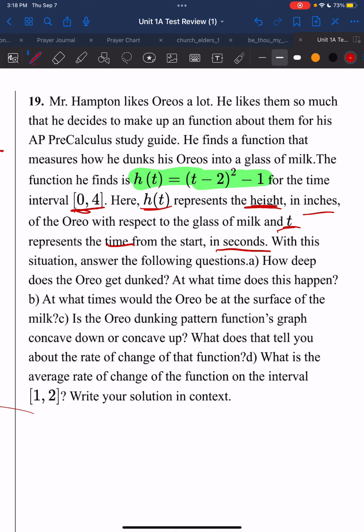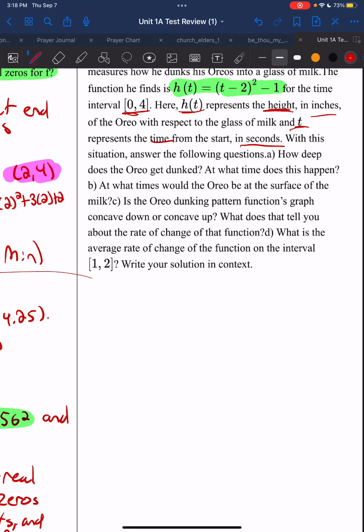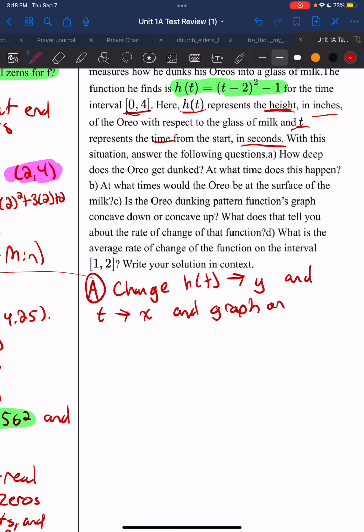With this situation, answer the following questions. How deep does the Oreo get dunked? What I would do on all of these is change h of t to y and t to x and graph on calculator.